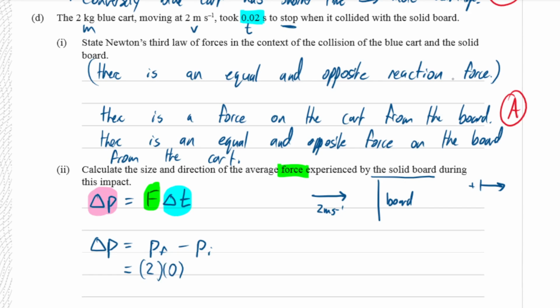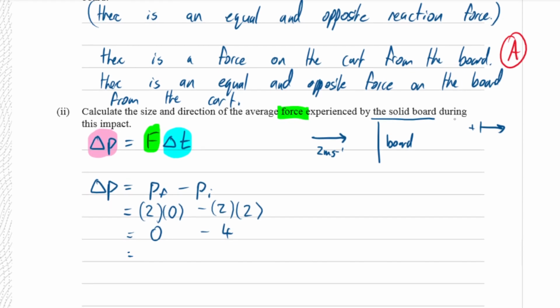Its final speed is 0, which gives us 0, and we take away the initial momentum, which is its mass, 2, times its initial velocity, which is 2 to the right, so it's positive 2, which gives us -4, resulting in a change in momentum of -4 kilogram meters per second.